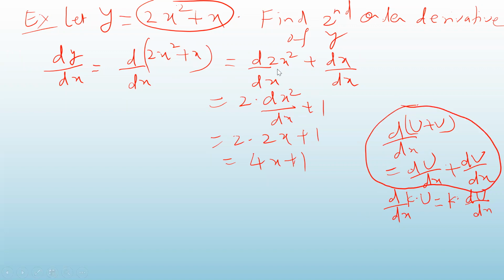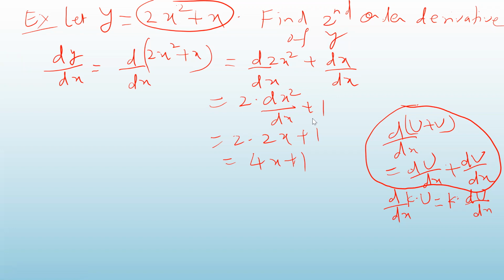Okay. For calculating the derivative of 2x square, look at this 2. It's a constant. So I am applying the second rule, derivative of k times u, where k is a constant. So k is taken out into derivative of u. Here k is 2, so 2 is taken out, and then the derivative of x square.